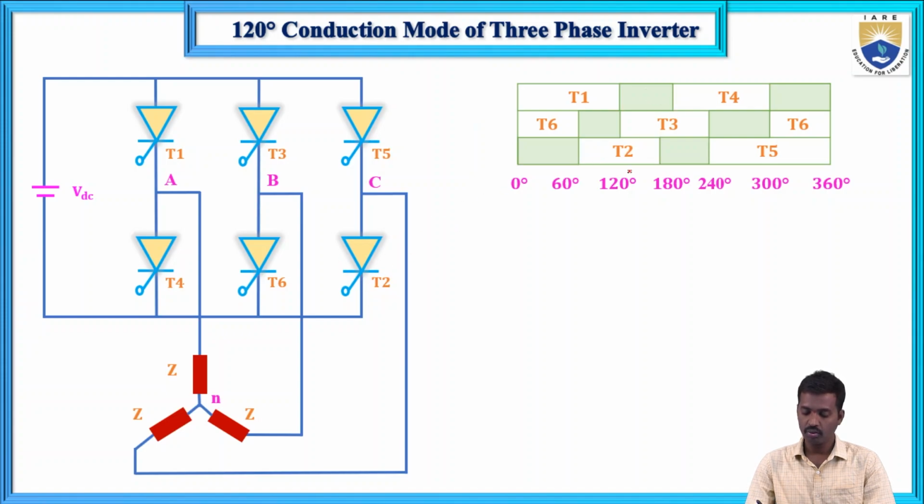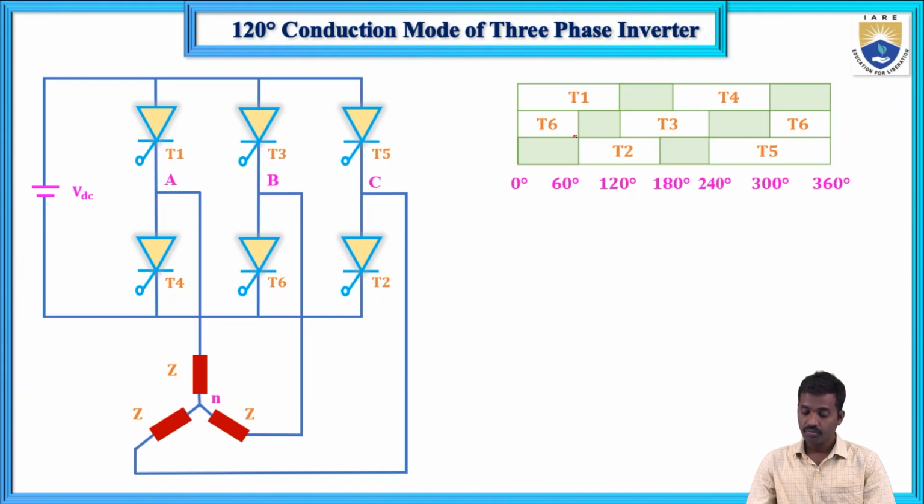Same for 120 to 180, T3 and T2 will conduct, T3 from the upper group and T2 from the lower group. In this way, at any given time only two switches will conduct. In case of 180 degrees conduction mode, three switches will conduct, so the vacant position also has another conductor conducting.